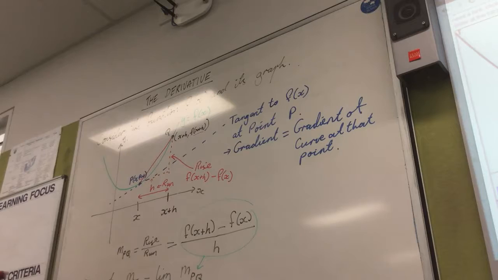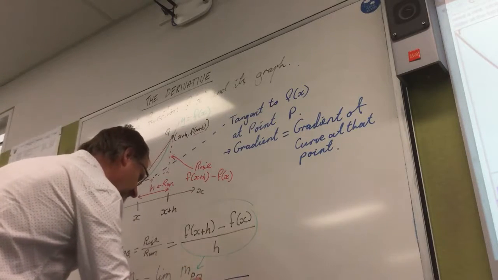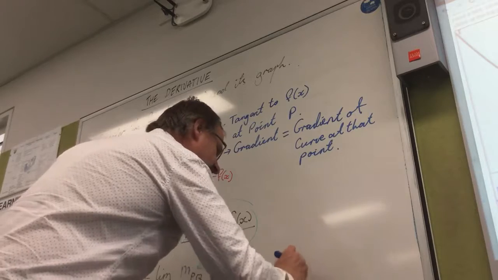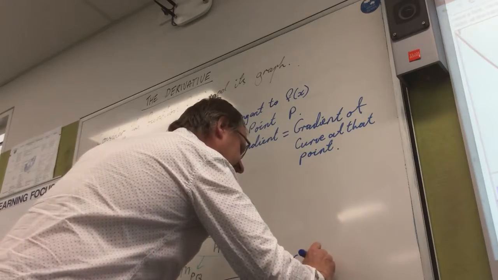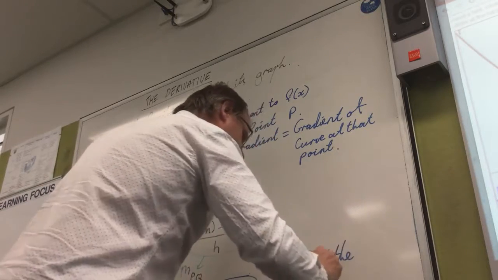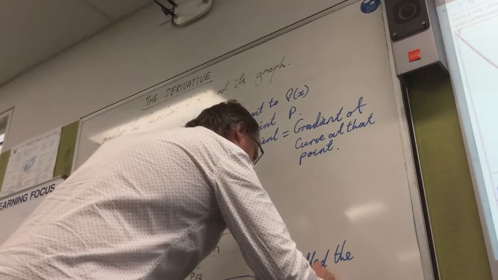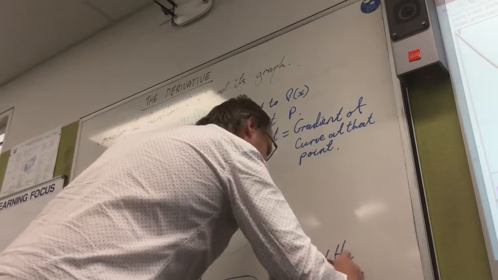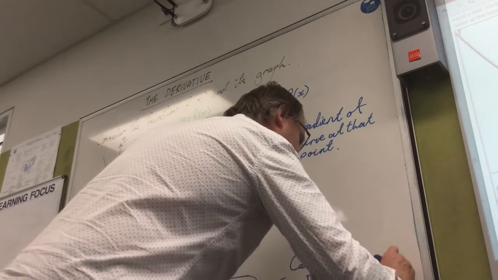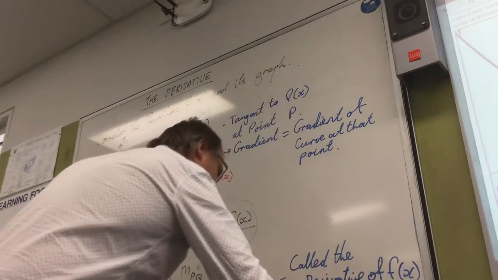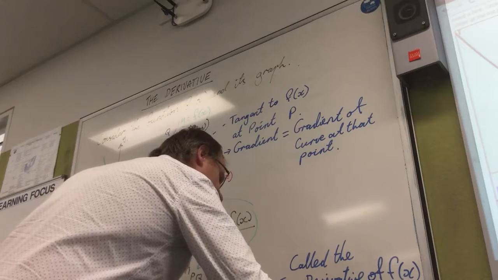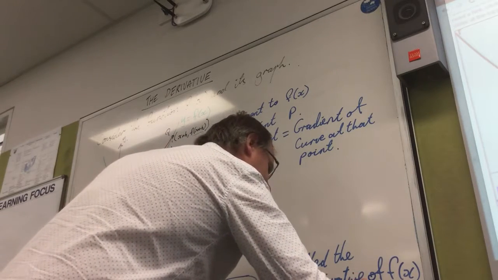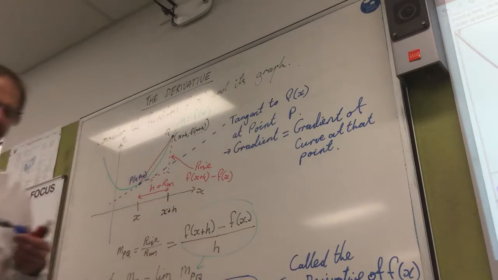So this bit here, which I'm going to put my blue circle around, is called the derivative of f of x, and it's written as f dashed x.